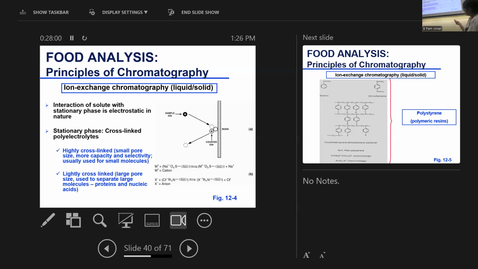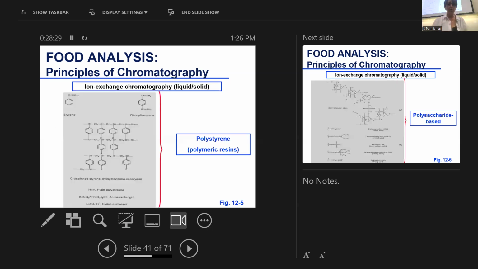And if you have anion, you would have a functional group that is positively charged. And then you have a salt like chloride, for example, that displaces that molecule, or the molecule displaces the salt to interact with that positively charged group. So either negatively charged or positively charged with a salt ion.